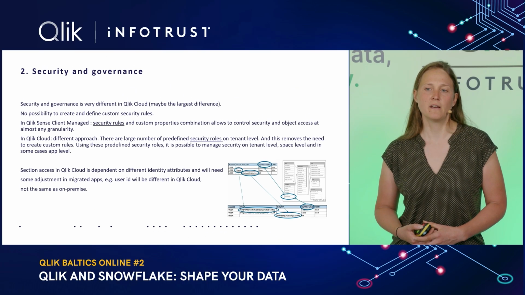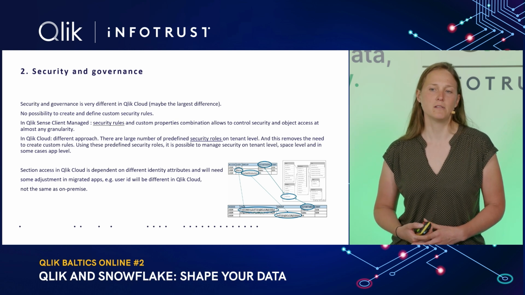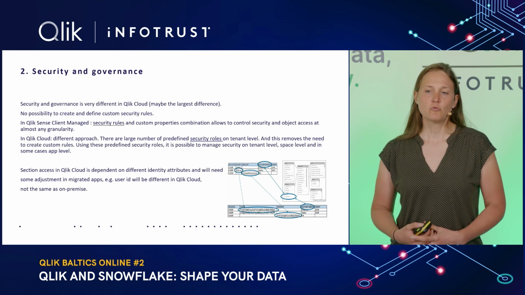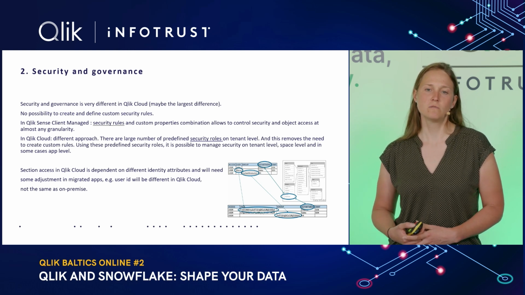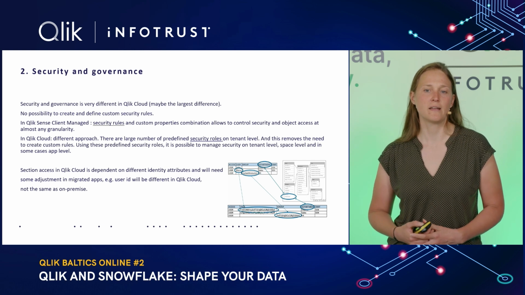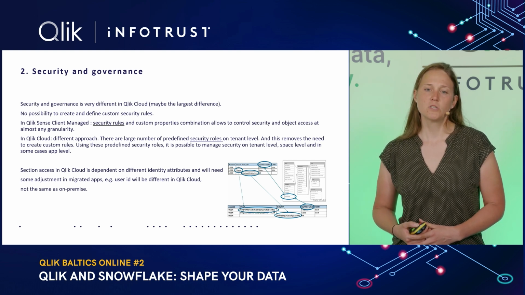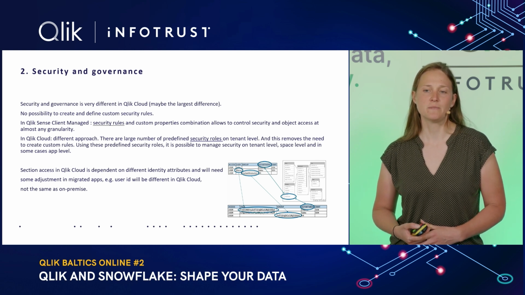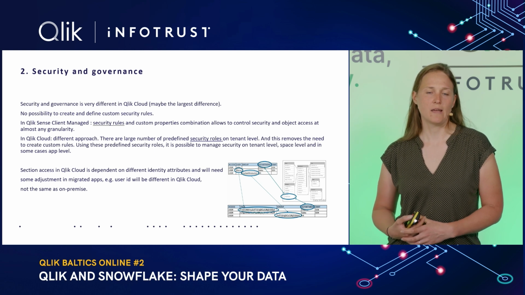There are already a large number of predefined security roles on a tenant level. They are already created. And this removes the need to create custom rules like the ones which you did in client managed. So using these predefined security roles, it is possible to manage security on tenant level, on space level, and even in some cases on application level.